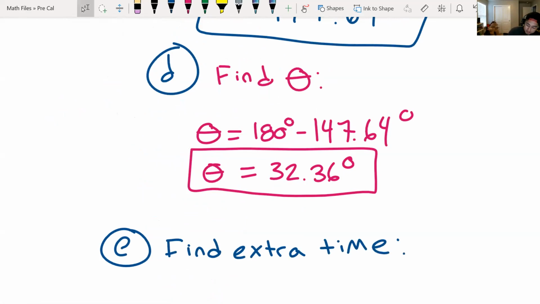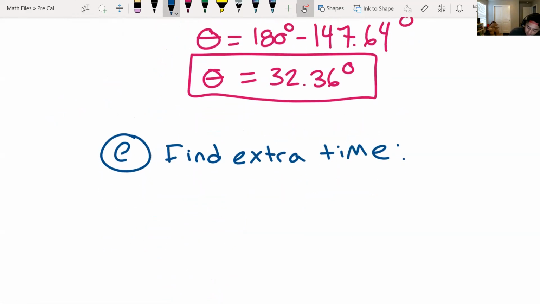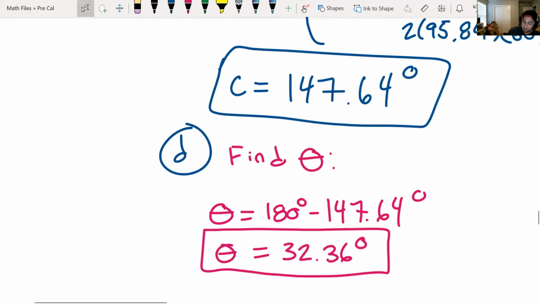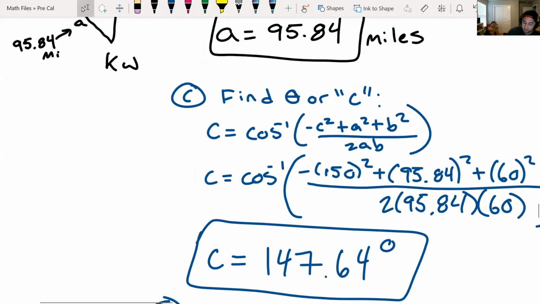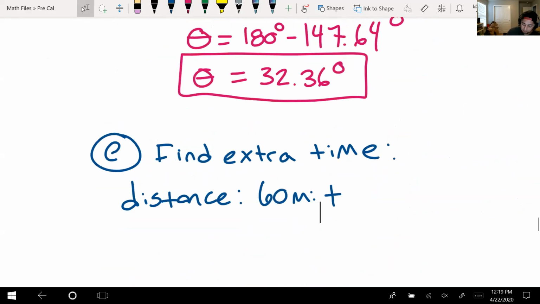And we know that their distance, well, first they traveled 60 miles, and now they have to go an additional 95.84 miles.